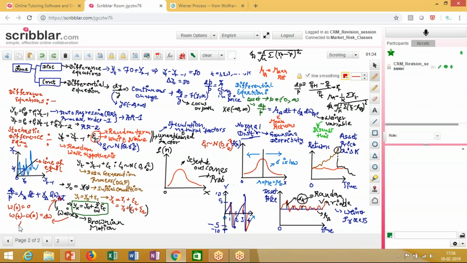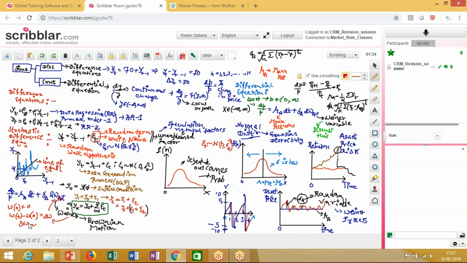Now this delta W, or this change in the Wiener process, these increments, the difference between WT and WS. If I look into the same interval of time somewhere else, the differences that I may get in terms of the values of W would be very different.